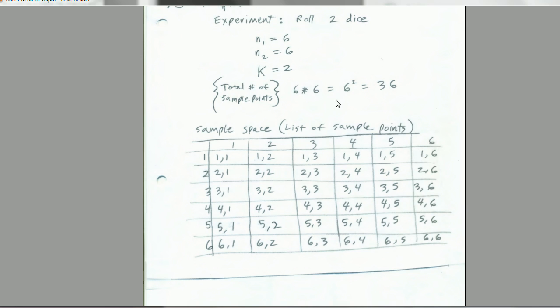Now, the interesting thing about listing sample points is you're like, well, that's crazy, but check this out. What is 6 and 1? It's 7, right? What is 5 and 2? 7. Each one of these is a roll of 2 dice, right? 4, 3. So we get a 4 and a 3. We get a 3 and a 4. Each one of these adds up to 7. So here's the deal.